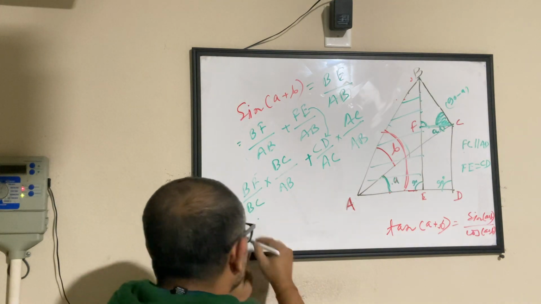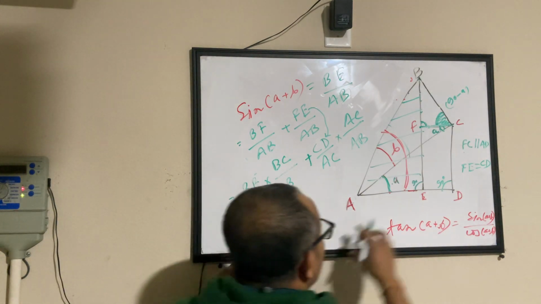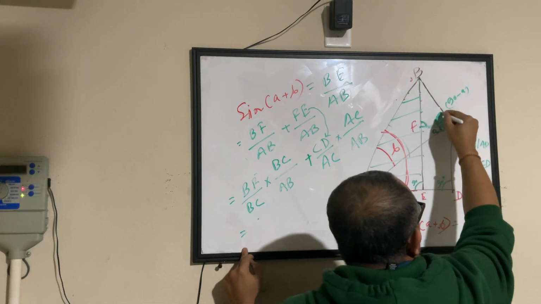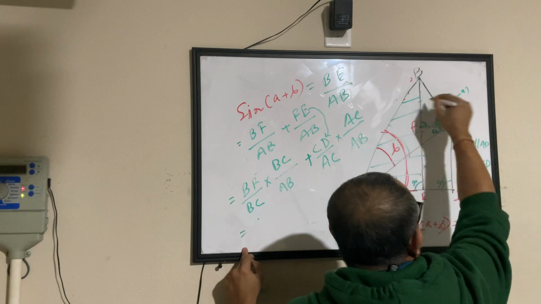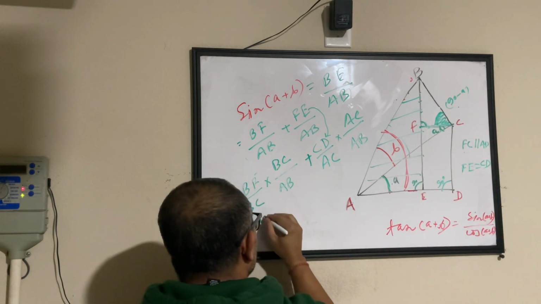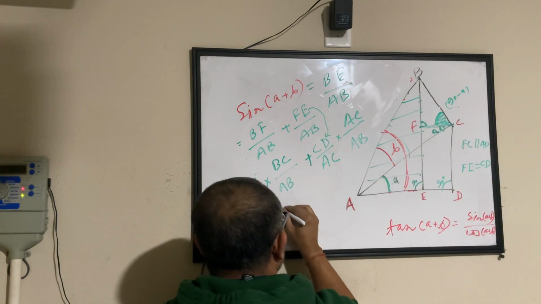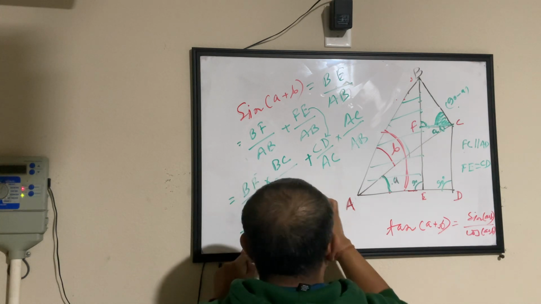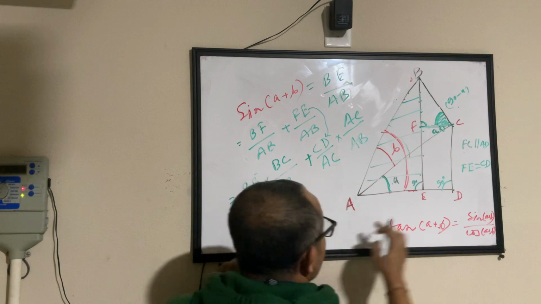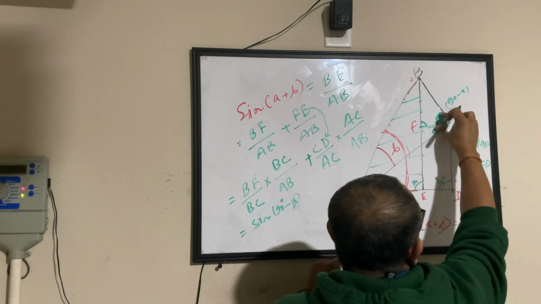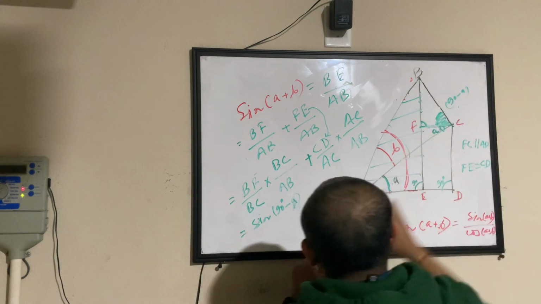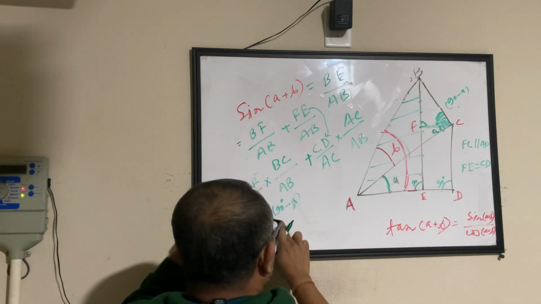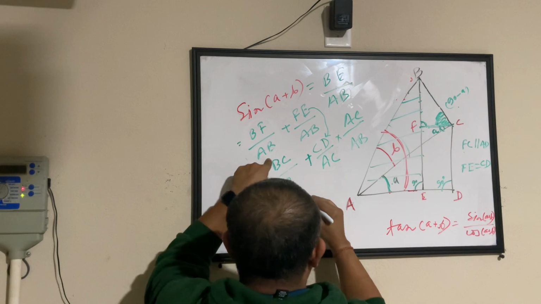Now let's look at this. BF by BC. And this is the angle that is known to us. This side is opposite to this angle. So this is sine of 90 degree minus A. This angle was 90 degree minus A. So sine of this angle, meaning this by this, sine of 90 degree minus A. BF by BC is sine of 90 degree minus A into BC by AB.